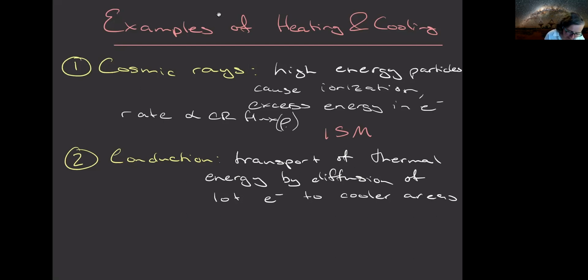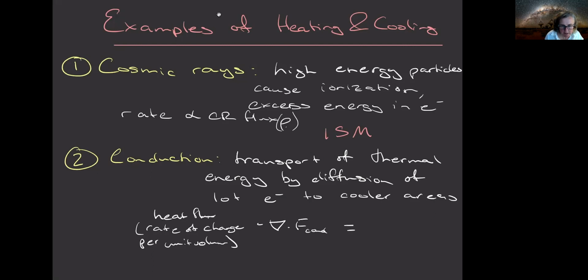And what we end up with is that the heat flux, which is the rate of change per unit volume of the energy, so the heat flux, which is given by the divergence, the conductive flux, is equal to some constant times grad squared of the temperature.